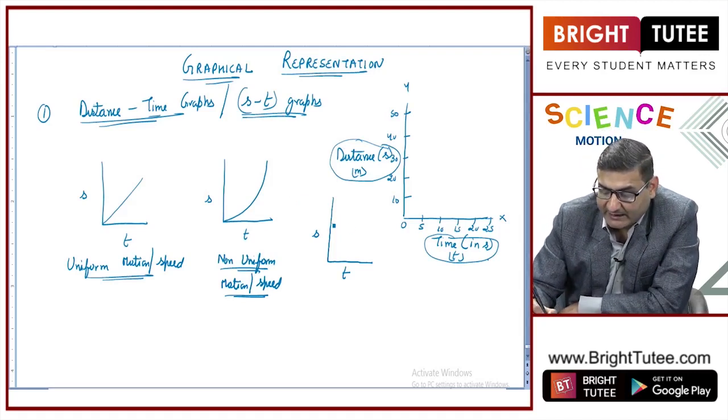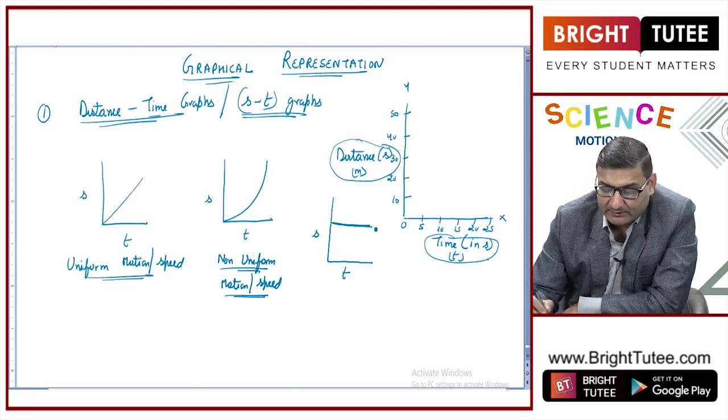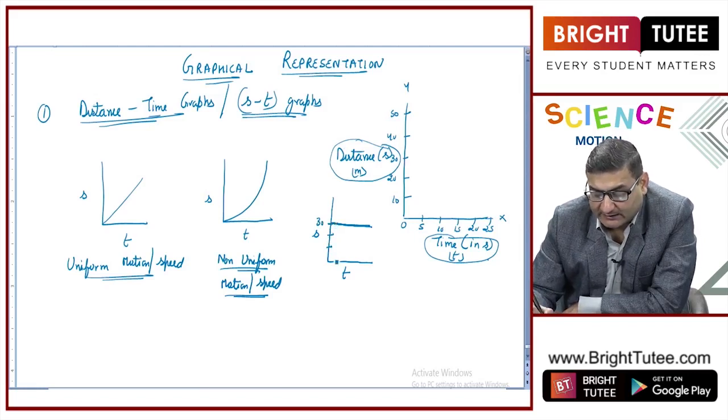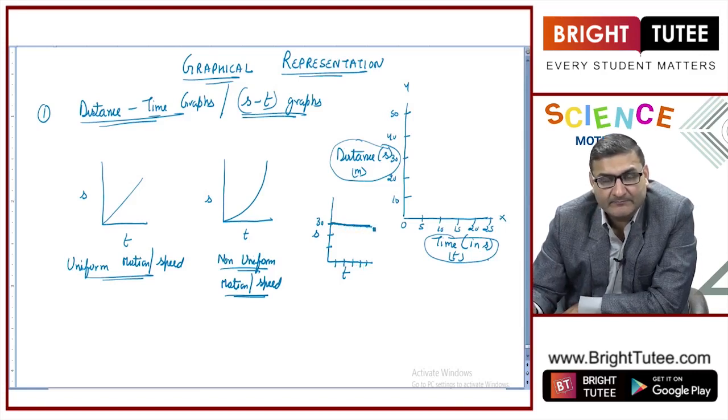If we have a parallel line to the x-axis in a distance time graph, now what does this information mean? Right. For example, the distance was 10, 20 and 30. An object has covered a distance of 30 meters. Then the time is increasing, but the distance is not increasing.